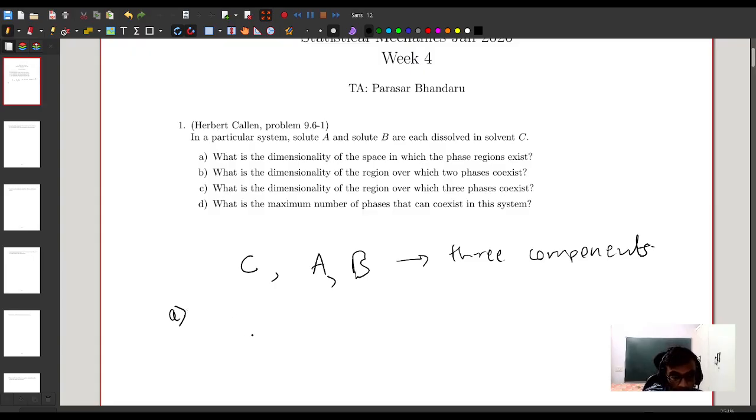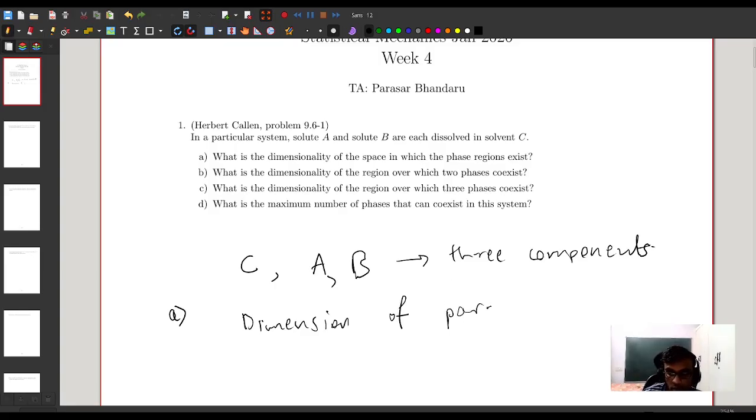Okay, so this question is asking about the dimension of the parameter space in which we construct the phase diagram.